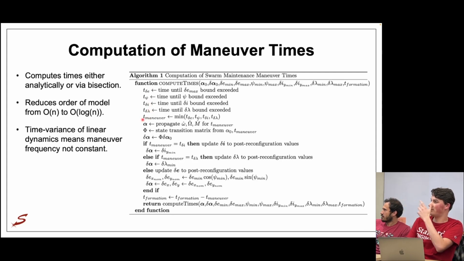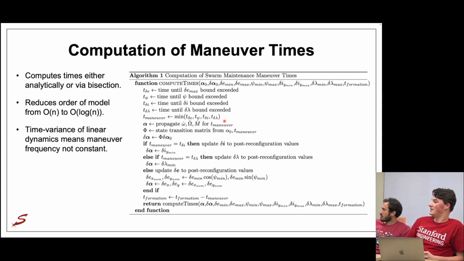But then you compute those 4 maneuvers. The time until the next maneuver is just going to be the minimum of that set. Then essentially what the rest of this does is you propagate until that time, reset the orbit elements to what they would be after you perform that swarm maintenance reconfiguration and change your ROEs. And then you just recursively do that over and over until you generate the times and maneuver magnitudes over an entire time duration.